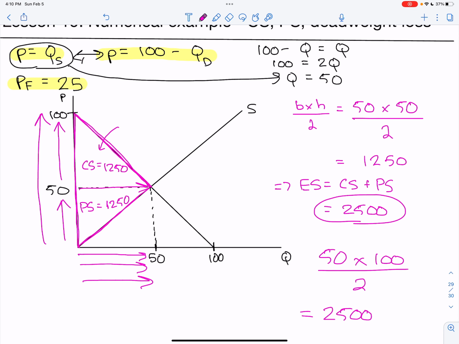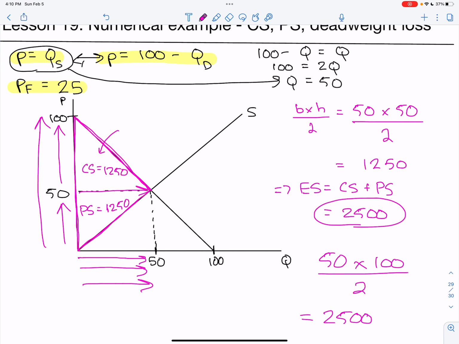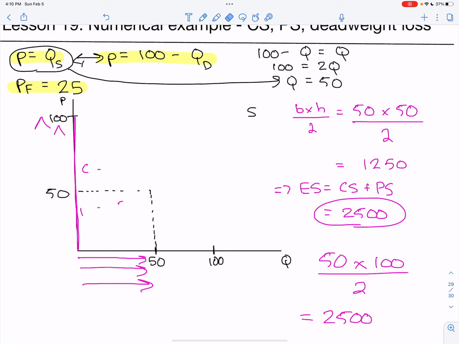So that was relatively simple. Now let's take on the slightly harder task of finding these values in the presence of our price floor.